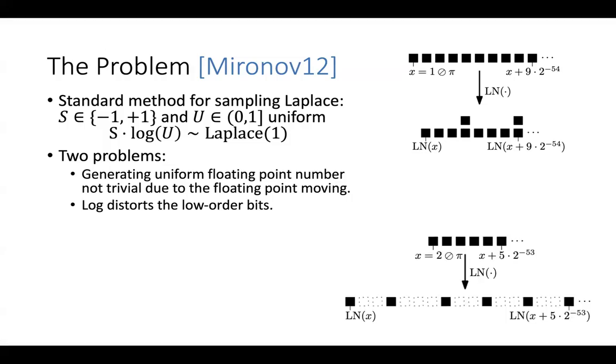And you also get the other problem if you look elsewhere on the input space, where rather than outputs bunching up, they end up being separated. So you end up getting output values of floating point numbers that are not realizable. So basically, there's holes in the support of the distribution.